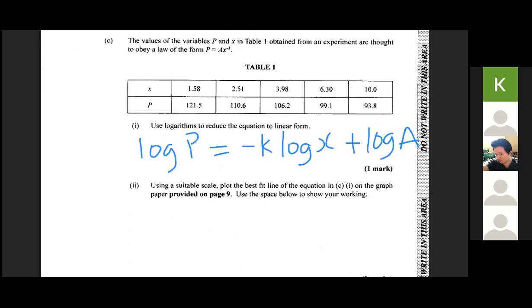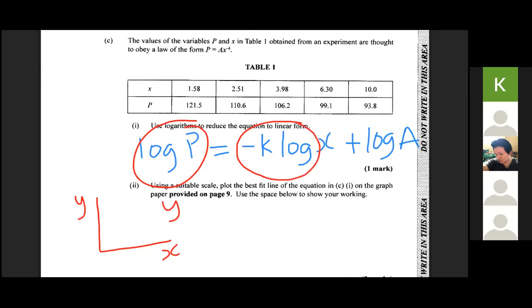remember when plotting a graph, right? All the y values go on the vertical axis, x goes on the horizontal axis, right? You're saying that this is y, and you're saying that this is x, right?